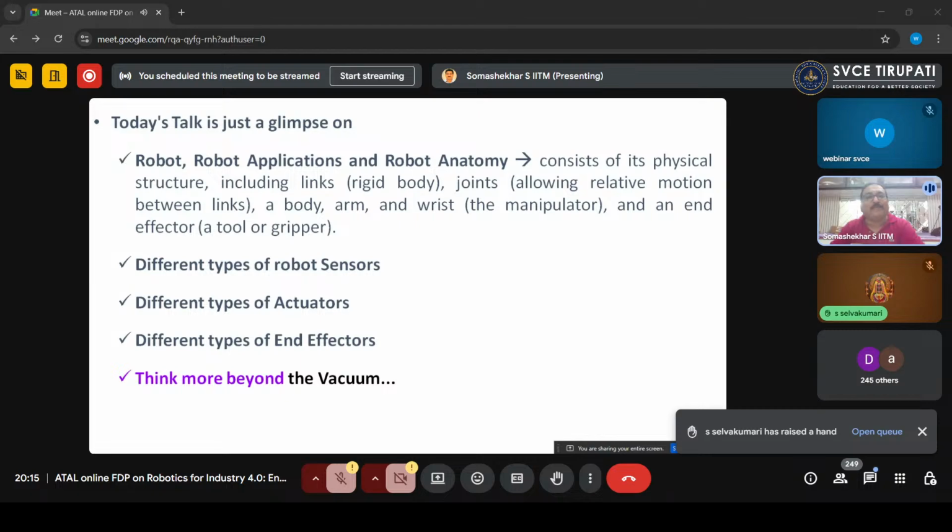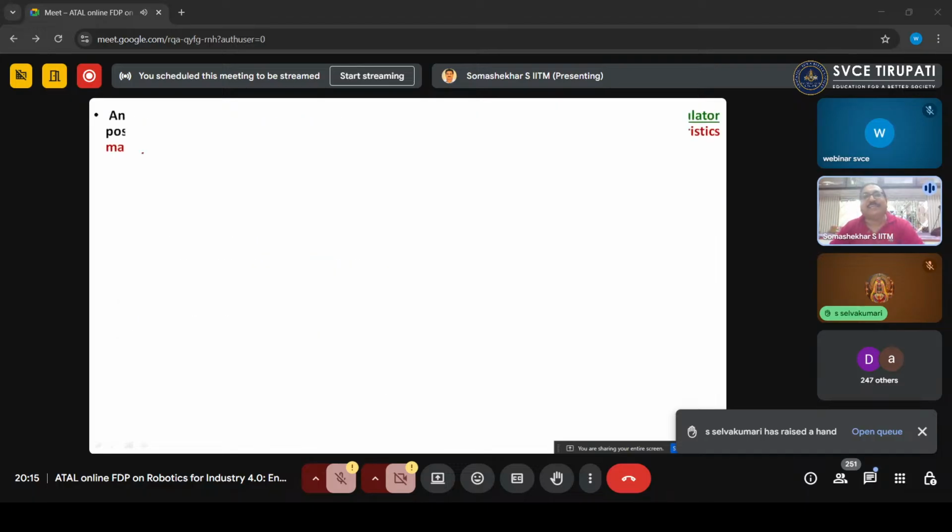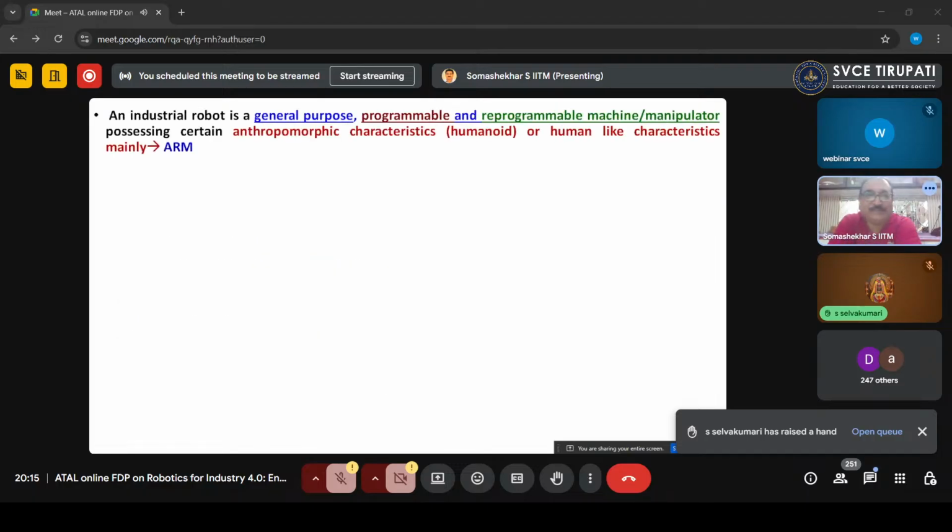Whatever sensors were available one week back, now different sensors are coming into the market to suit the requirement. So many sensors and actuators are available.